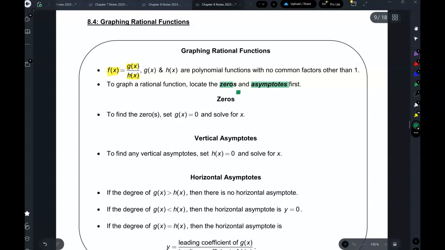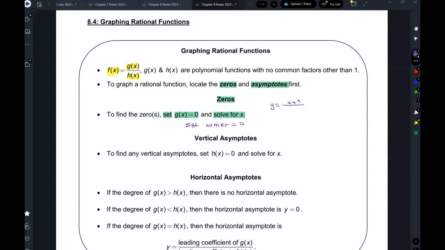All right, so let's talk about zeros. To find the zeros of the function, you have to set g of x equal to 0 and solve for x. In other words, g of x, remember, is the numerator. So you have to set the numerator equal to 0. All right, so for example, suppose we have y equals (x plus 2) over (x minus 3), right?